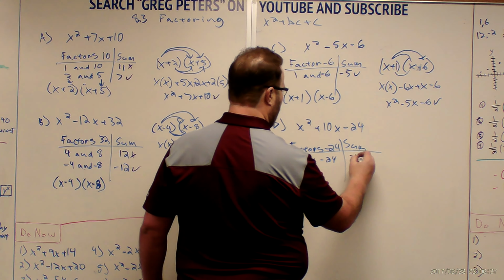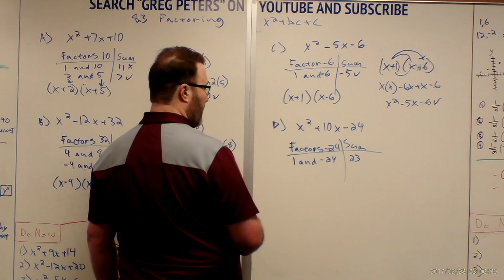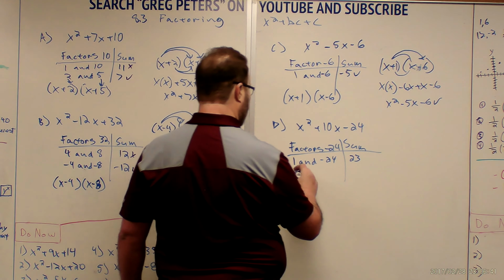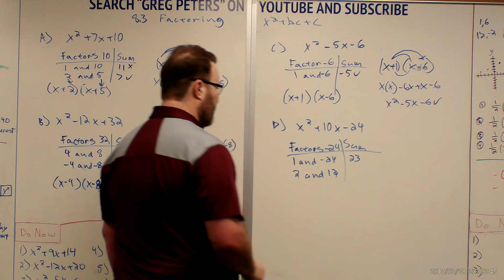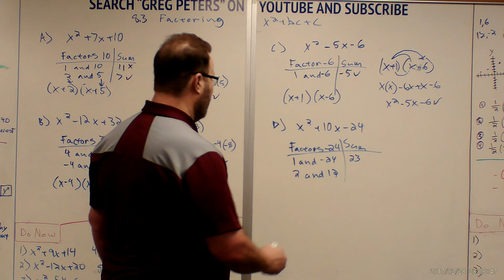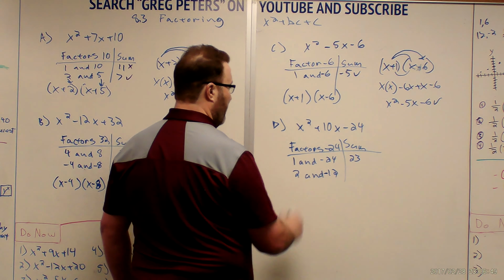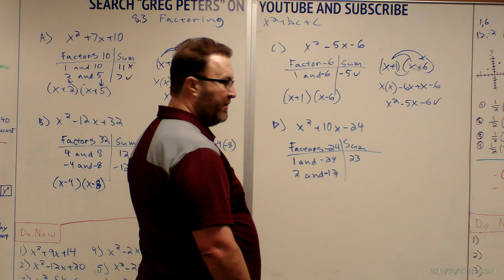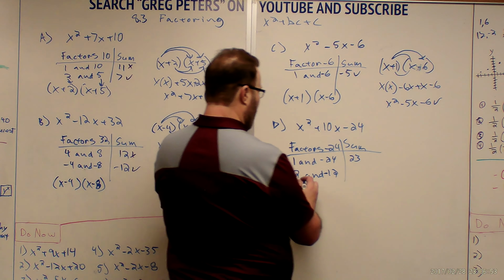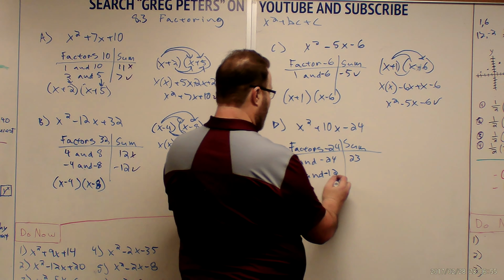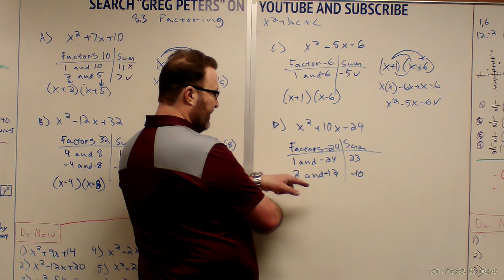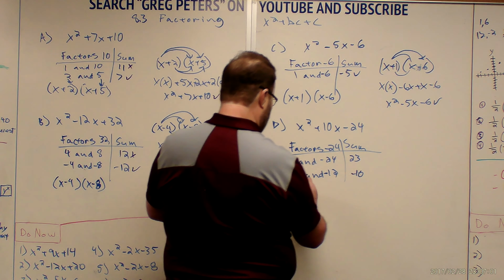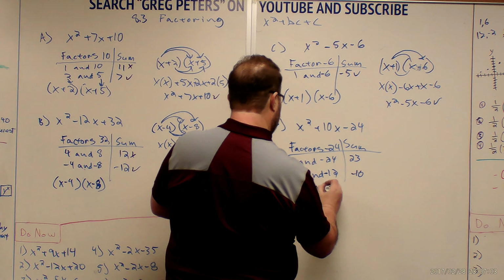That's going to be 23, so that's not going to work. Let's do 2 and 12. 2 times 12 is 24. Let's do negative 12. There's our answer. This is going to be negative 10, but we need it to be positive 10. So if we flip these symbols around, we can take care of that. So negative 12 and 2.